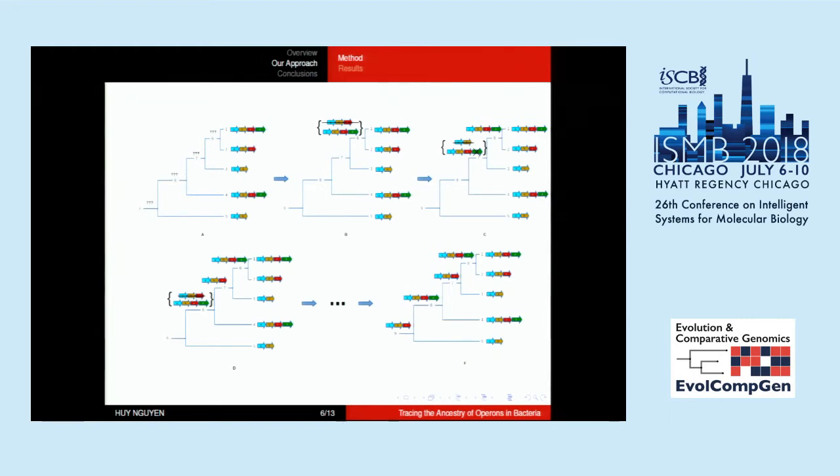Then at node 7, you now have a candidate of ABCD gene block from node 6 and AB from node 7. Here I choose to include ABC only, for the following reason. Genes AB again appear in 3 out of 3. Gene C appears in 2 out of 3, which is still greater than 50%.